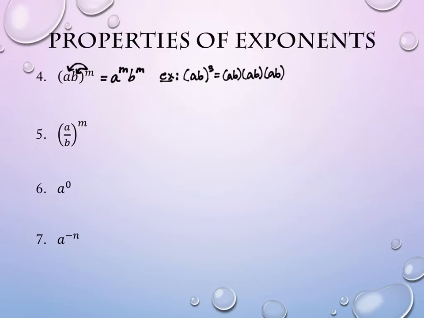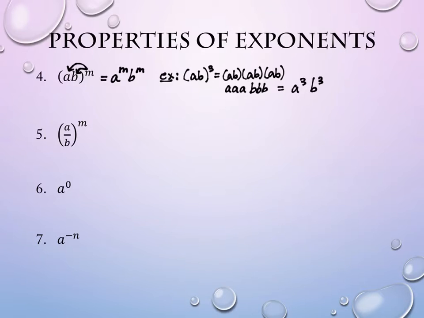So through the use of commutative and associative properties, I can actually regroup to put the a's together and then put the b's together like that, right? So that would give me a cubed, b cubed. So it looks like you've distributed the 3 into each of the individual bases.